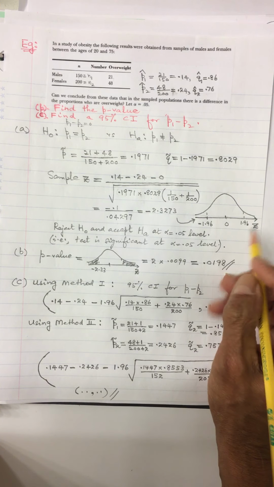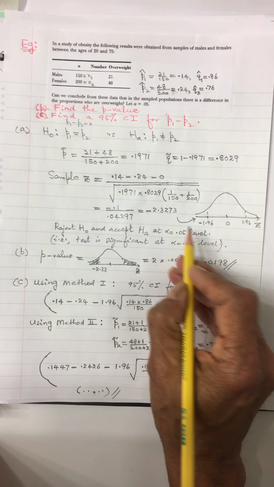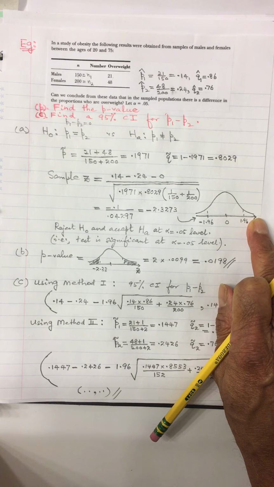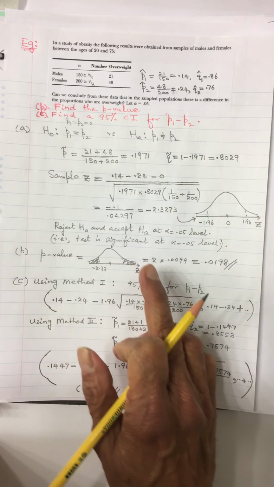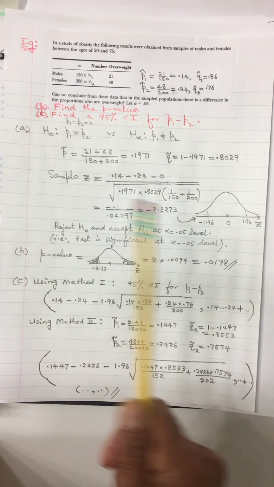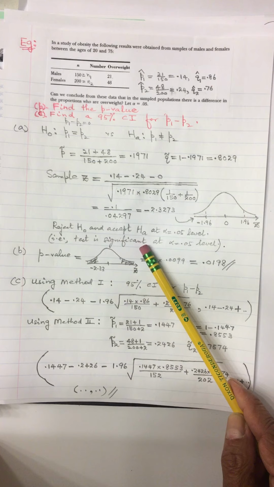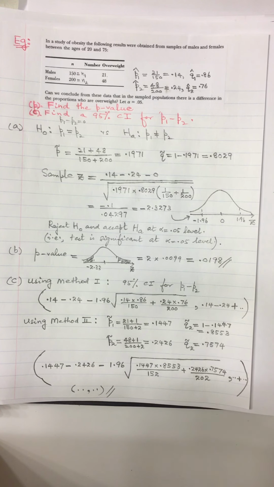Here this value is beyond the cutoff on this side, so you reject the null and accept the alternative at this level. In other words, the test is significant at the 0.05 level.